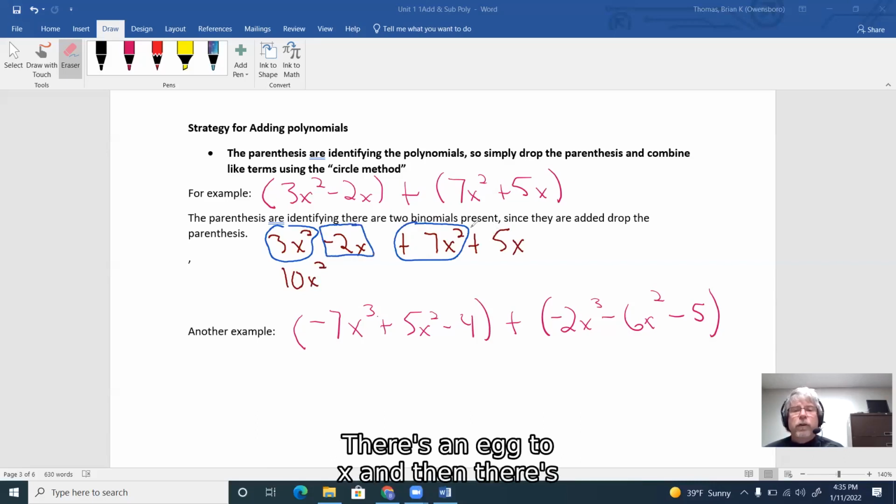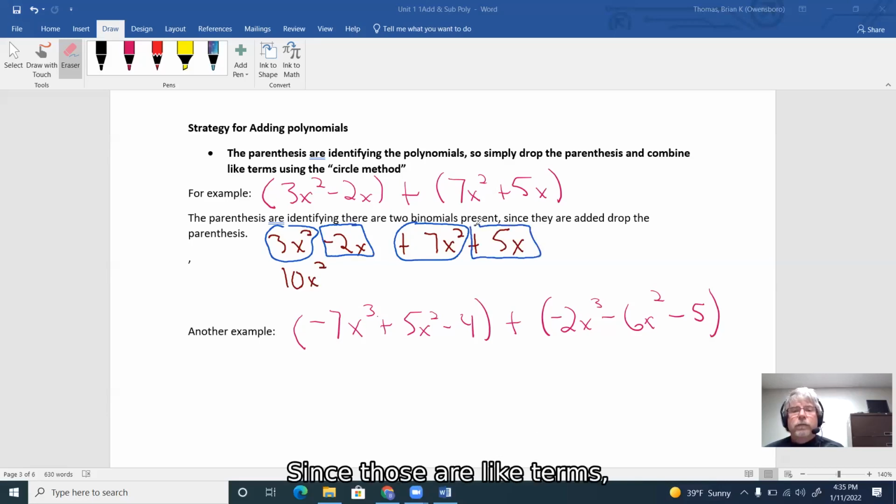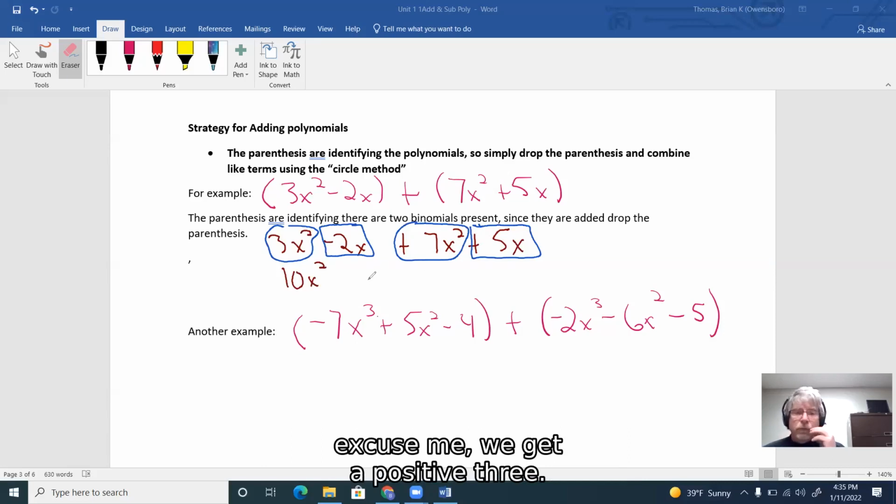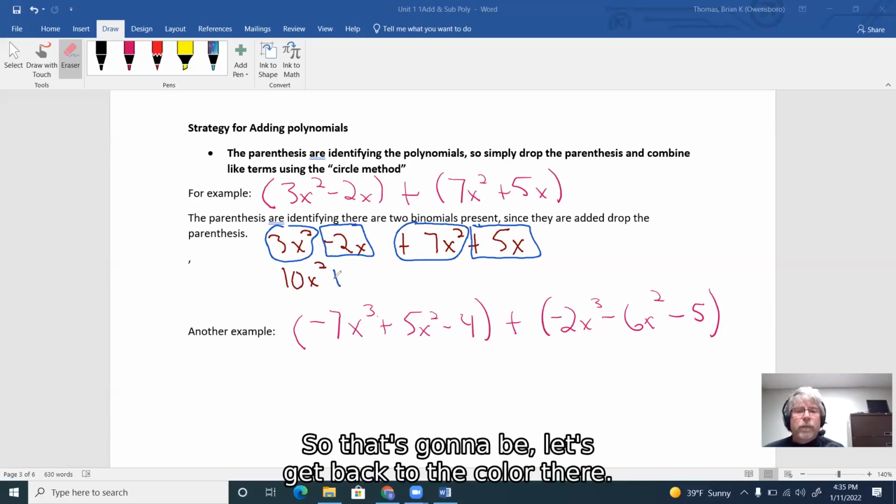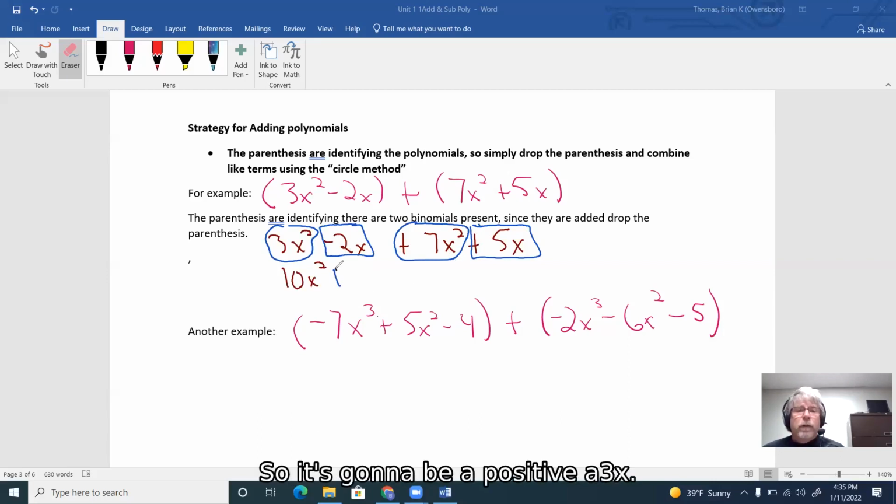There's the negative 2x, and then there's this positive 5x. So since those are like terms, we add those coefficients, negative 2 plus 5, and we get a positive 3. So it's going to be a positive 3x. And since those aren't like terms, that stays as our answer.